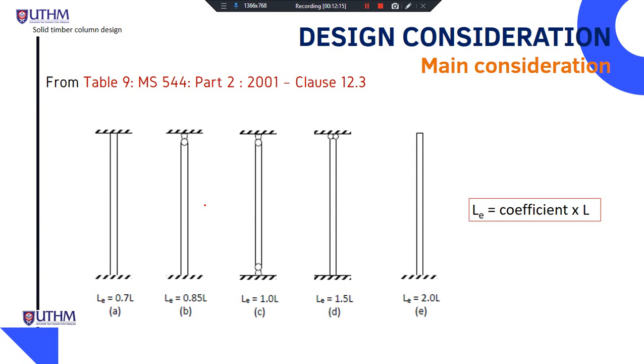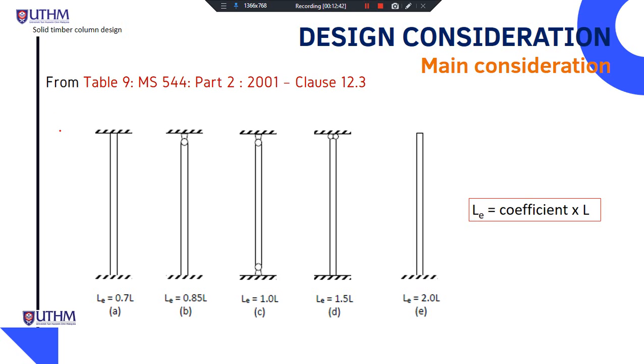So let's look at this diagram. This diagram represents each end condition as stated in table 9. So for the first one, the L effective is calculated using 0.7 L, where this L is the actual length.